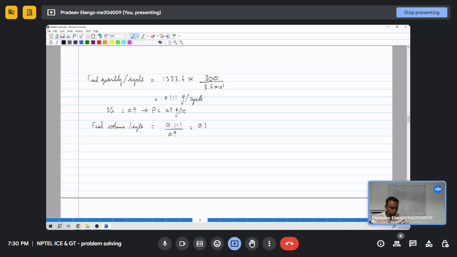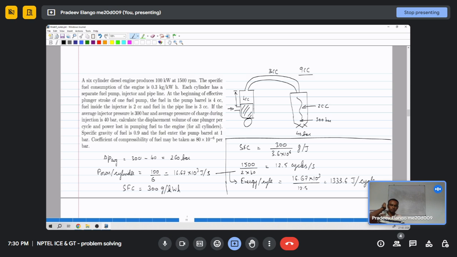It is 0.123 cc per cycle. So this much cc of fuel has to be given in. And first we were asked the displacement of the plunger.